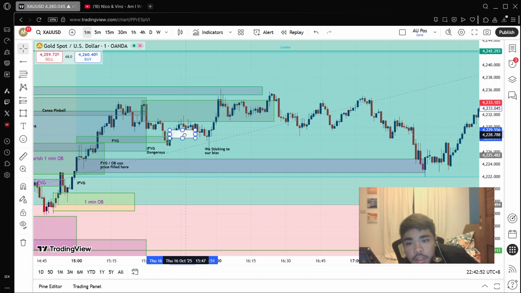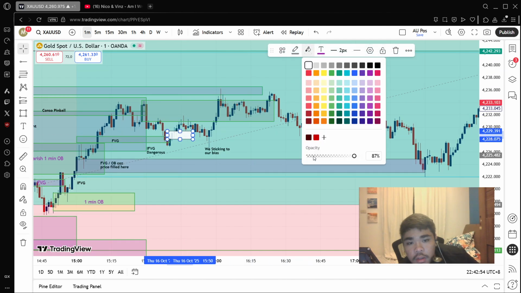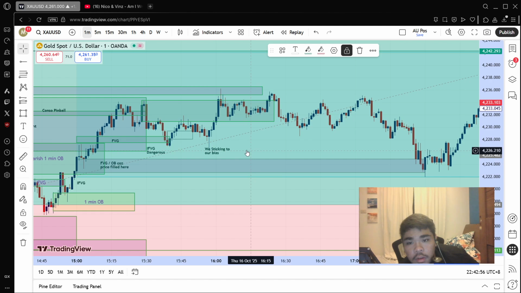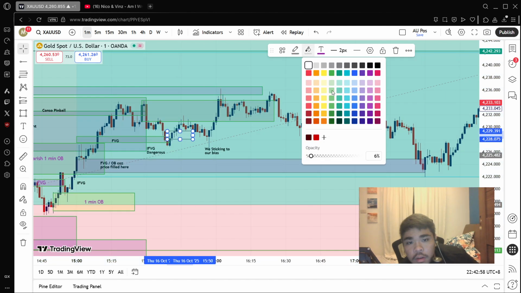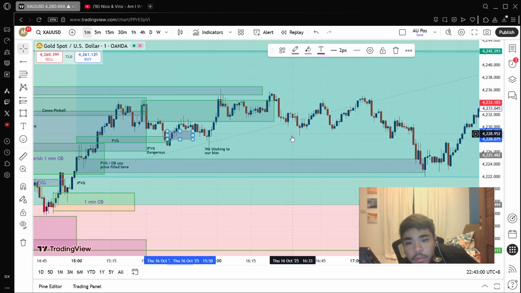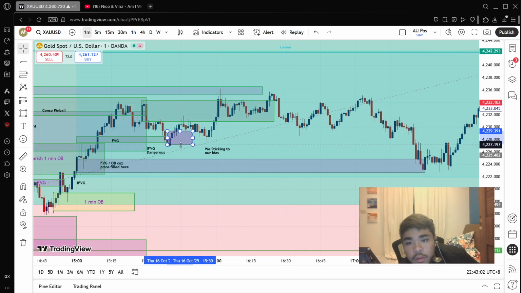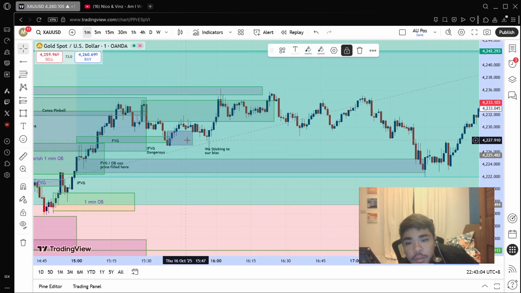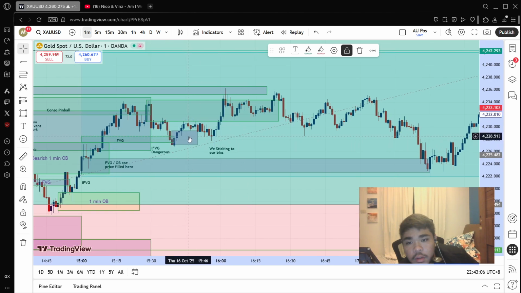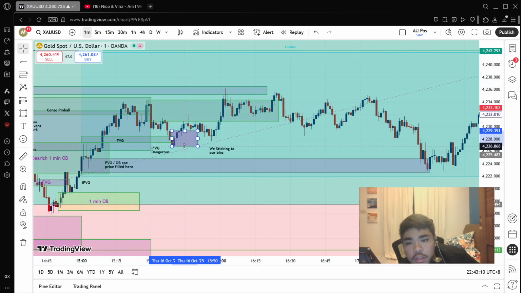The order block is this guy, the downwards movement before the upwards movement. I think I did mark this out. I just removed it.